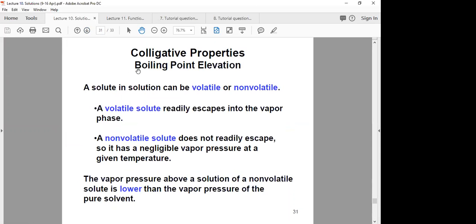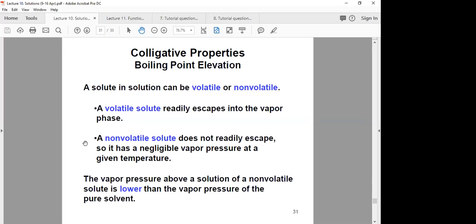So let's start with boiling point elevation. To consider this, we need to think about solutes in solution and whether they're volatile or non-volatile. You're probably all familiar with the fact that a volatile solute is one that readily escapes from the liquid phase into the vapor phase, whereas a non-volatile solute does not readily escape into the vapor phase.